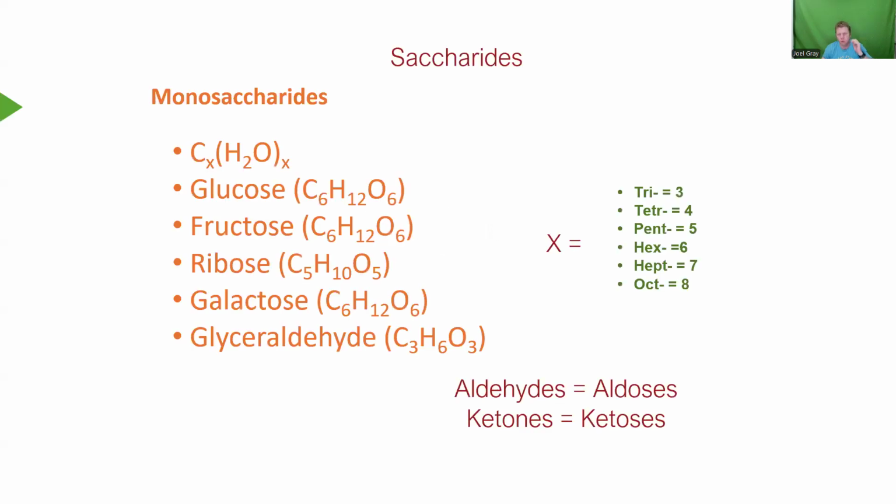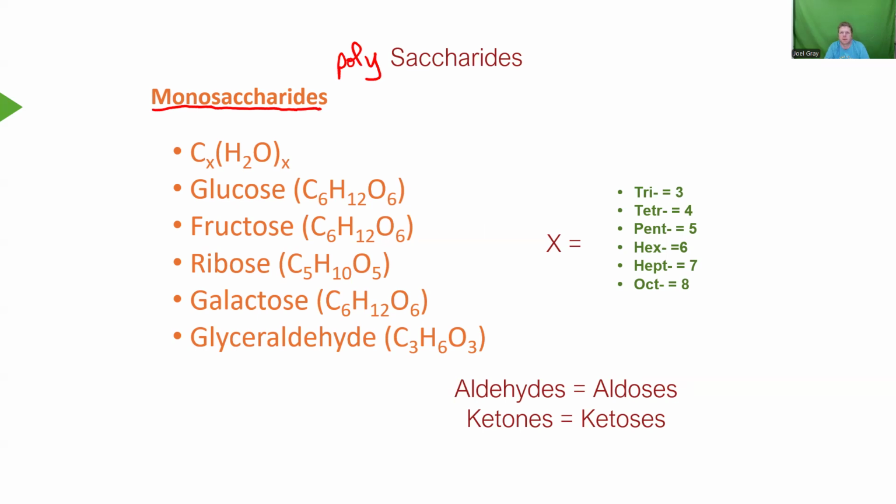Okay, so sugars. Now, first and foremost, you will hear a couple of different terms to identify sugars. One of those terms that you'll hear is saccharides. You'll hear monosaccharides. You'll also hear polysaccharides. And these are two terms that are regularly used for sugars.